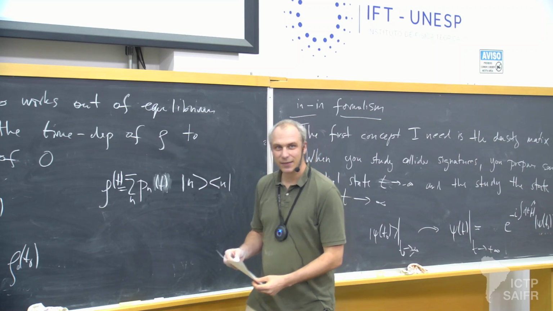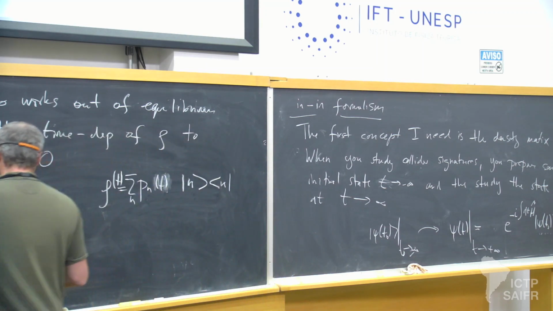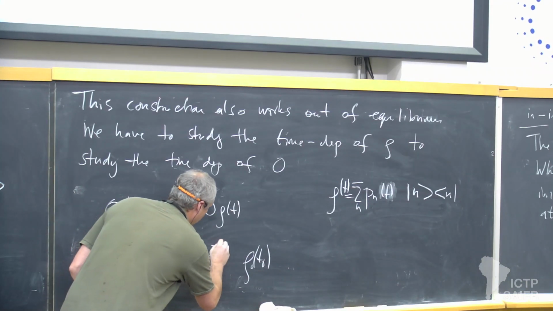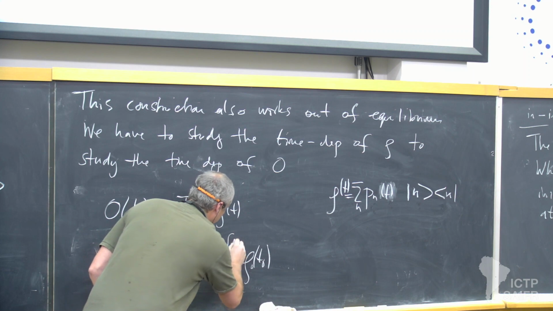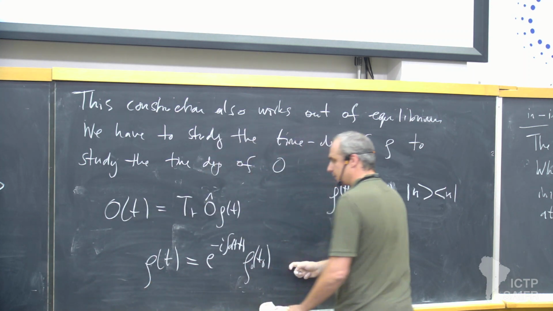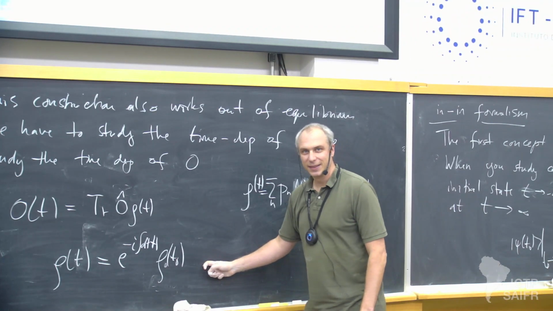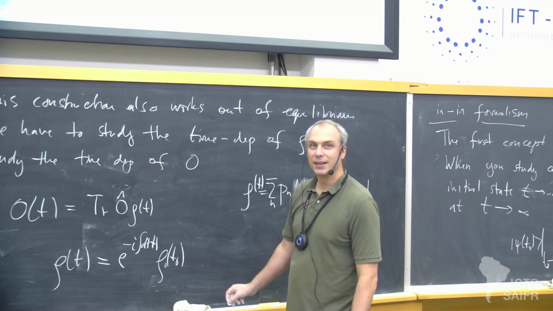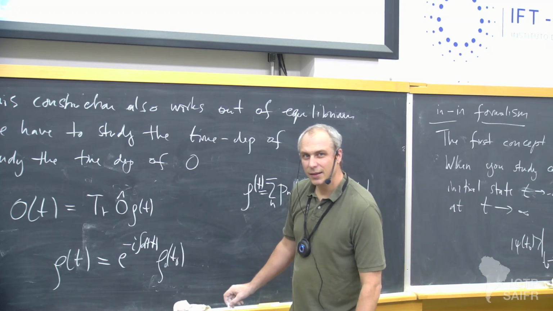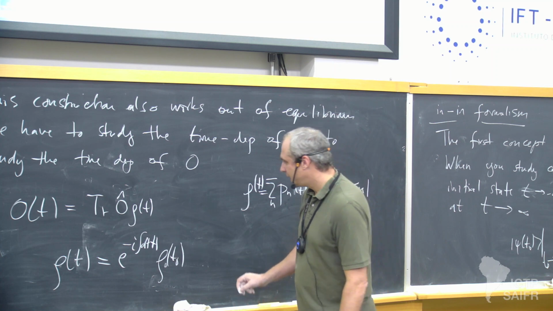Yes? So you get two factors, right? You get a factor e to the minus i integral dt H here, and you also get a factor here, but how does it look like on this side? The dagger, yeah.